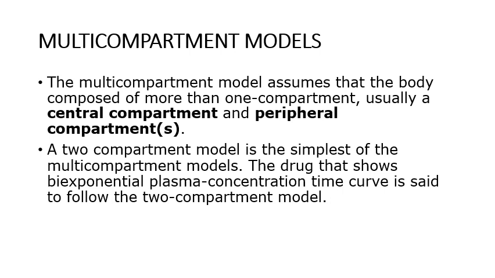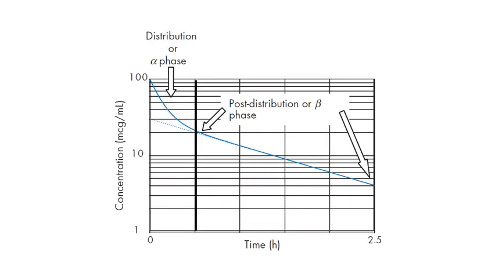The drug that shows a biexponential plasma concentration time curve is said to follow the two-compartment model. And when we say biexponential, it means it has more than one expression, it has more than one straight line through the plasma concentration time curve.